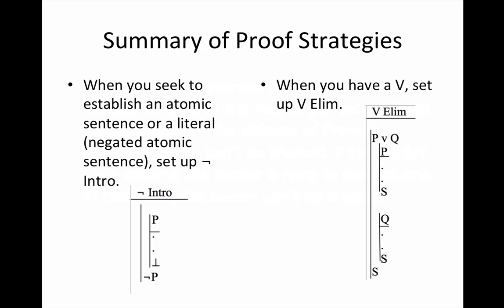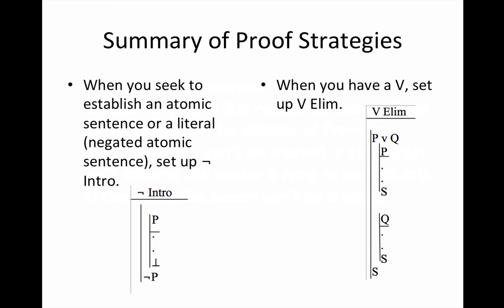So use negation intro when your argument's conclusion is a negated sentence or an atomic sentence or a literal. Use disjunction elimination when in your premises you have a disjunction.